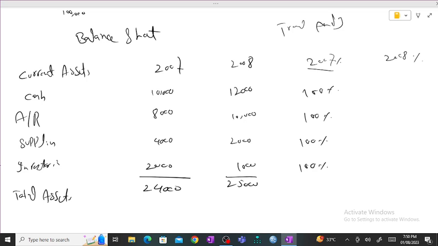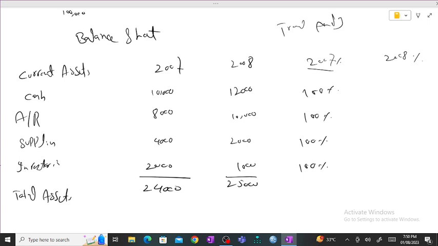Let's come on to 2008. What we need to do is take the current year, which is 12,000, divided by the base, which is 10,000, and whenever we multiply by 100, how much will we get?